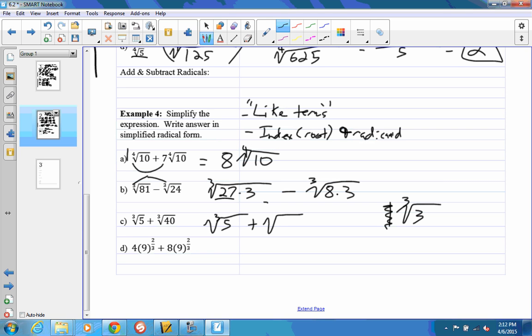5 plus the cube root of 5 times what? Trent, now what?